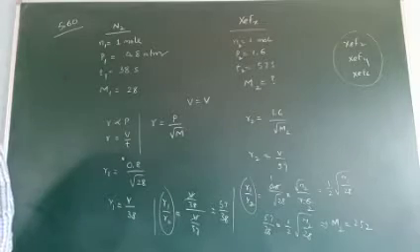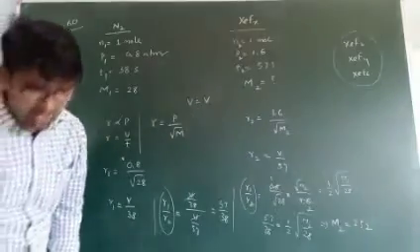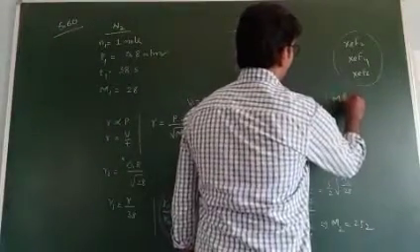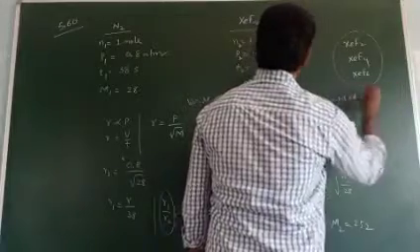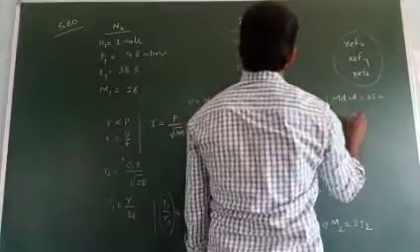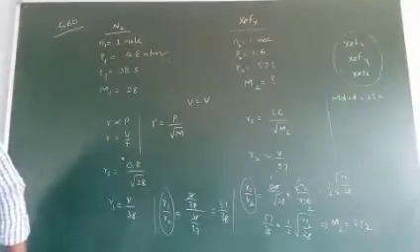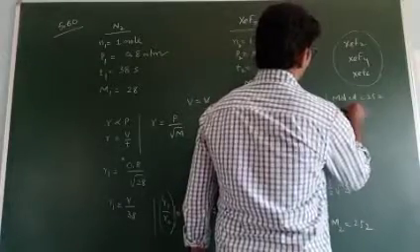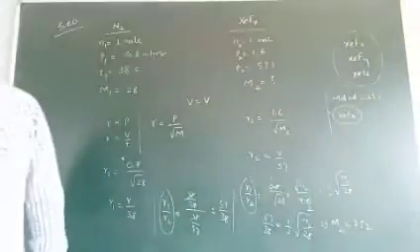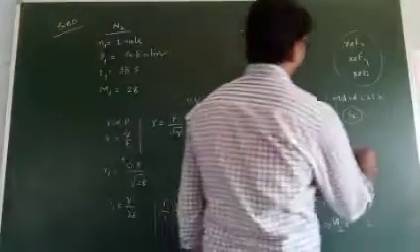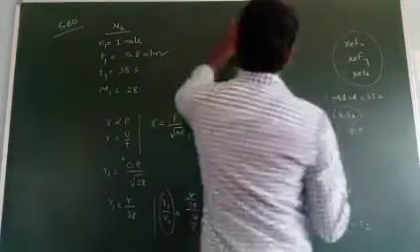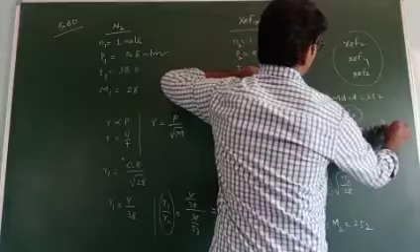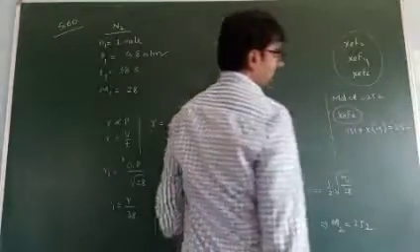But in this formula, calculate the molecular formula of the compound. So total molecular weight is equal to 252. So the given formula is XeFx. Here xenon molecular weight is 131 plus fluorine x, so x into 19 is equal to 252.